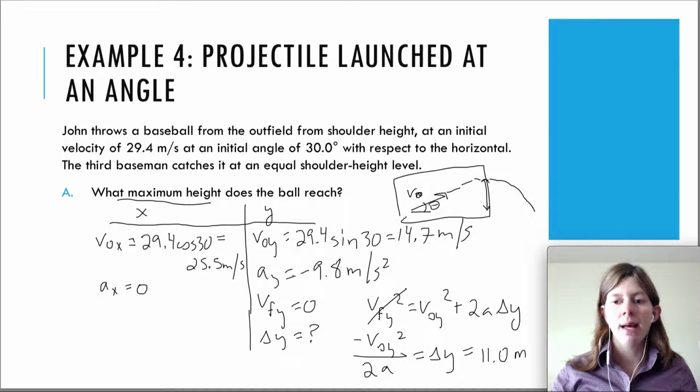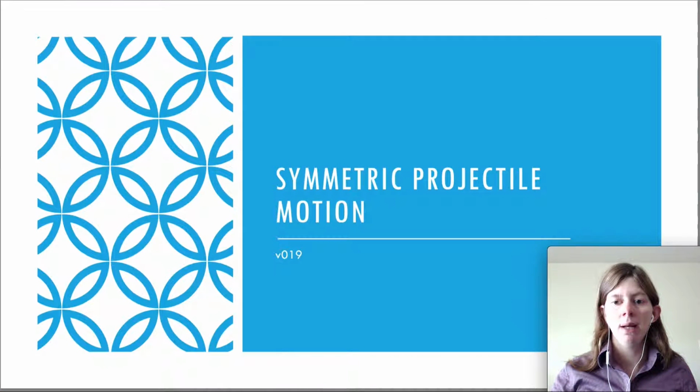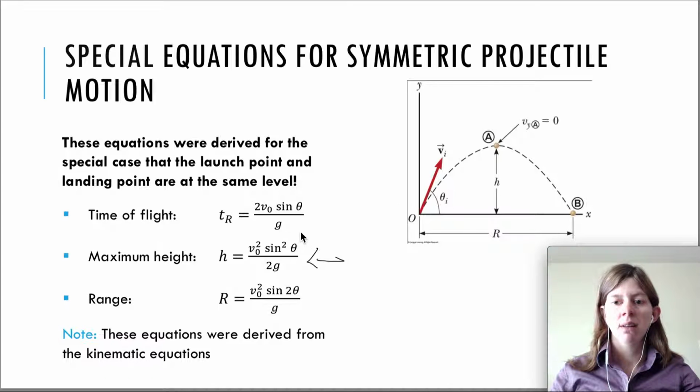So if you remember that, negative v0y squared over 2a, and then you look at this, v0 squared sine squared, that's just v0y squared, this numerator here, over 2a. The only difference is we used a, which was negative, and then we had a negative on top to cancel it out. This equation has a g. Every time you see a g in these equations, the g is a positive 9.8. So you can see the equations are identical.